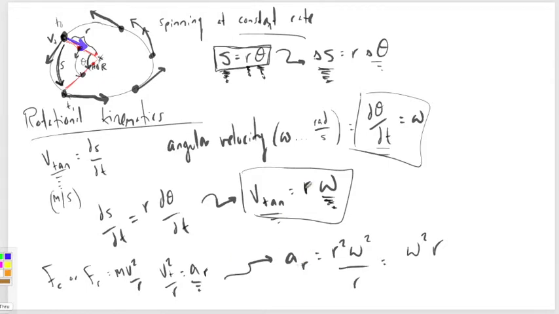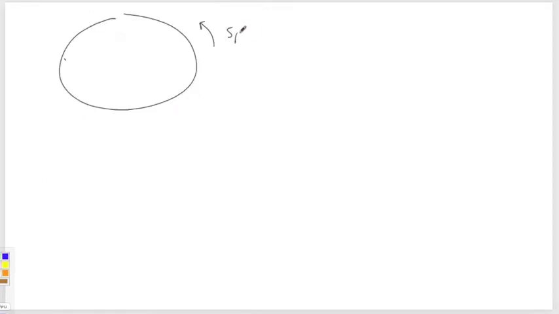I can replace v tan with this, and therefore I have a new way of writing about my centripetal acceleration. All of this should be a review for you, I believe. Okay, let's see what happens though whenever we have an object that is spinning maybe at an increasing rate, a non-constant rate.